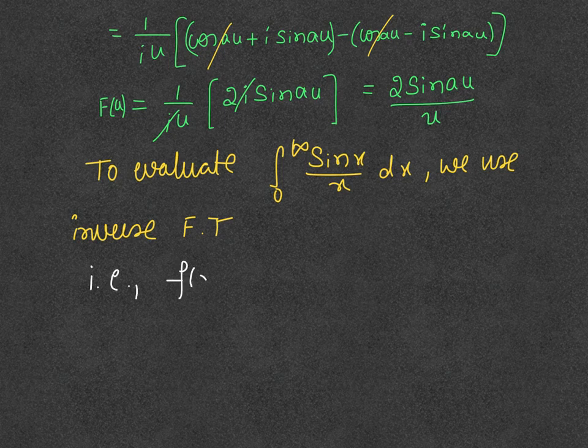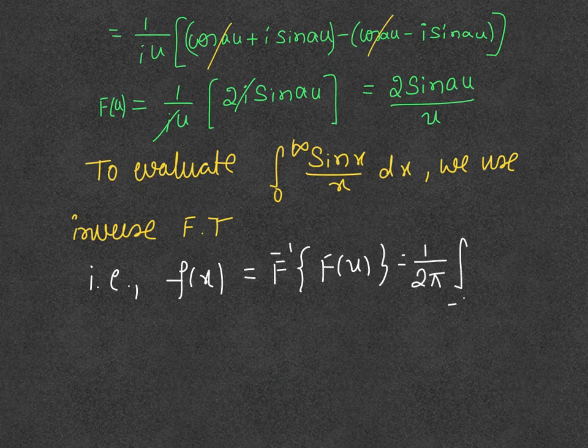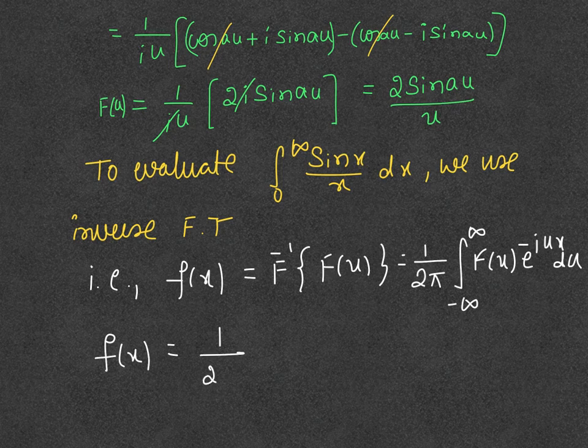f of x is equal to the inverse Fourier transform of f of u, that is 1 by 2 pi integral minus infinity to infinity f of u e power minus iux du. So substituting now for f of u, while you are proving some result, you should not integrate this part.